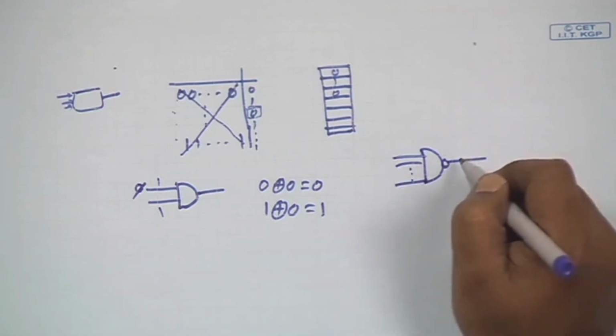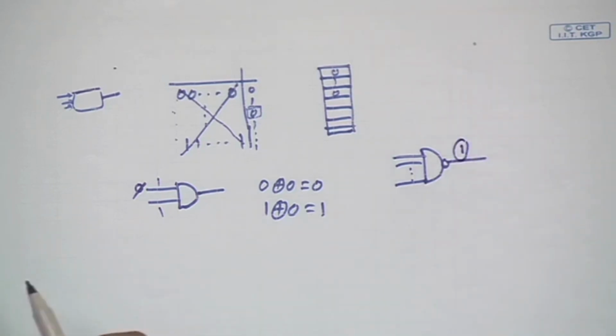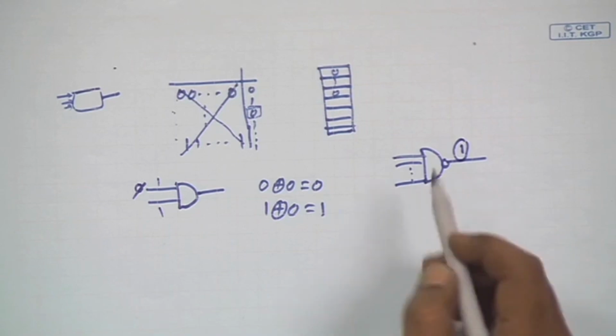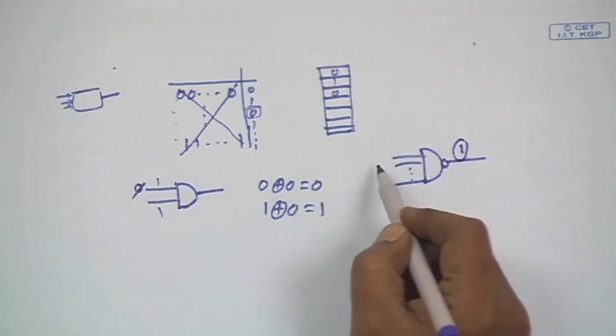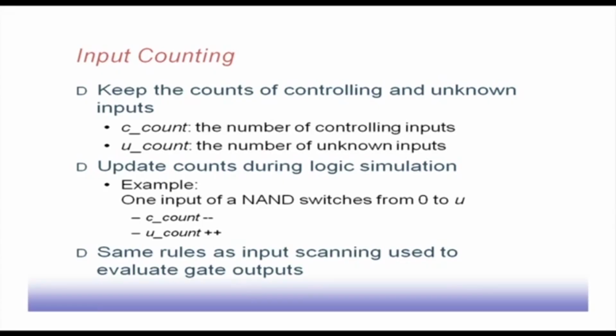Previously this value was found to be 1. Now, in this method, it will see, for the next input coming to the NAND gate, how many changes there are. It will count how many controlling inputs there are and how many unknown inputs there are.